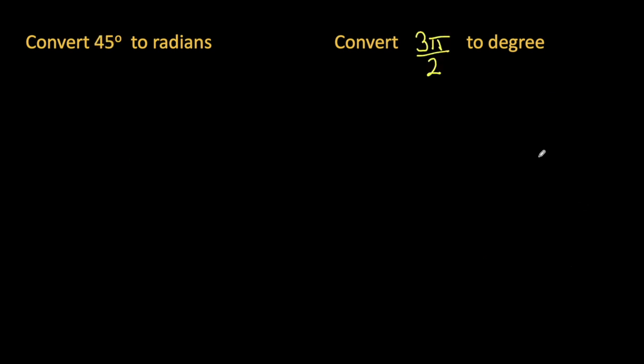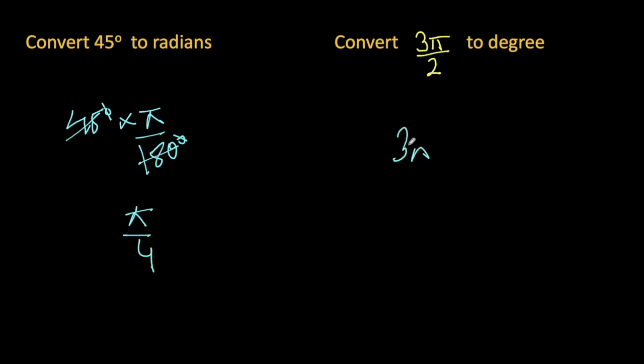Now let's take another question. 45 degree. So we know that 45 degree will be multiplied by pi over 180, because we are converting into radian. So degree and degree will be cancelled out, and you will get here 4. So the answer will be pi over 4. Now convert this into degree. We know that here pi will be cancelled out. So how can you cancel pi? 180 will be in the numerator divided by pi.